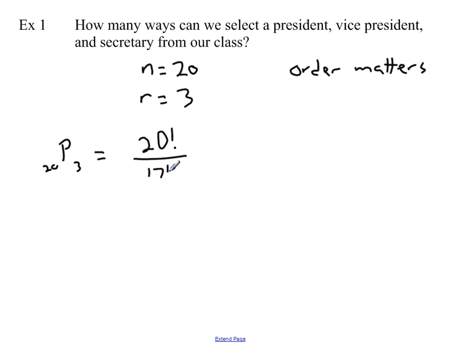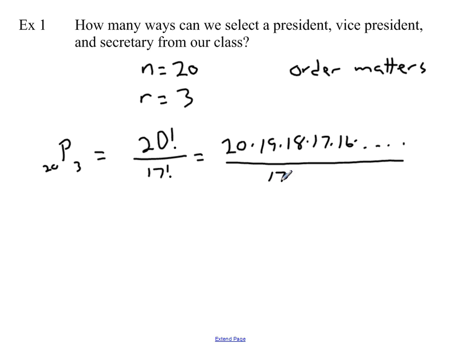Okay, from the formula on the previous page, we know it's going to be 20 factorial divided by 20 minus 3, or 17 factorial. Now, mathematically, this isn't too hard to do. If you think about it, 20 factorial is 20 times 19 times 18 times 17 times 16 times on and on all the way down to 1. Over 17 factorial, which is 17 times 16 times 15 times on and on all the way down to 1.